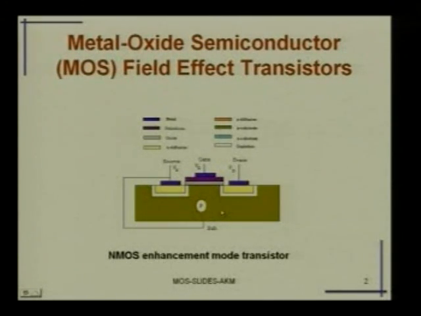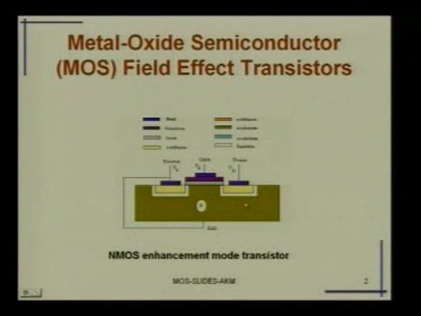That means on silicon you dope with group 3 elements so that it becomes p-type. I think you have learned what p-type and n-type materials are. So, this is a lightly doped p-type semiconductor substrate.